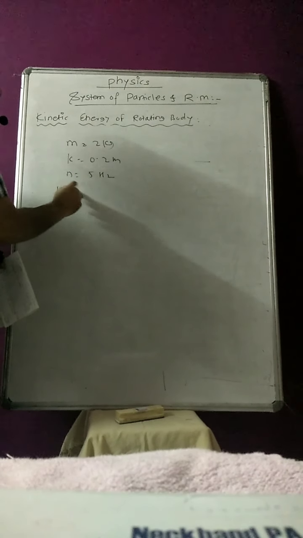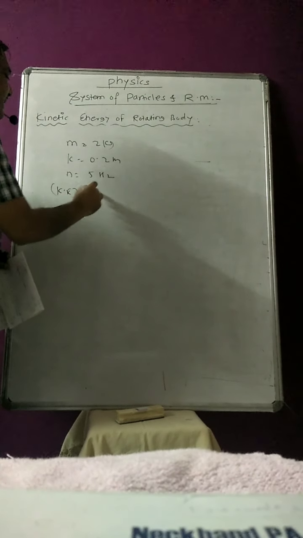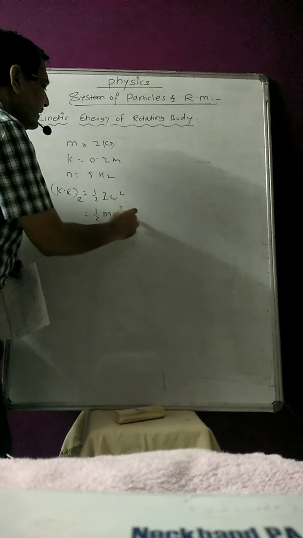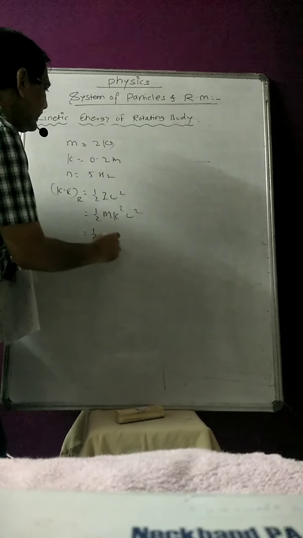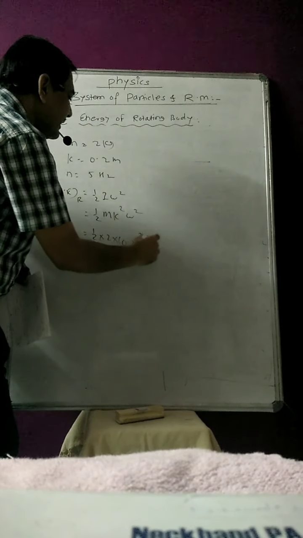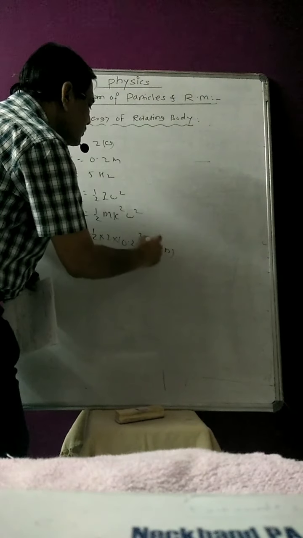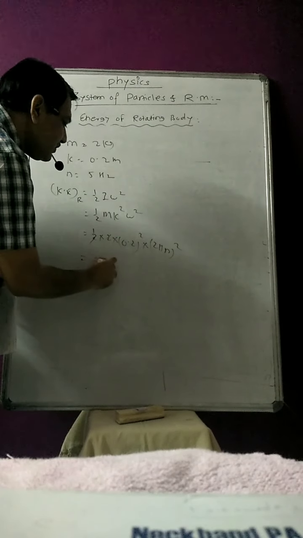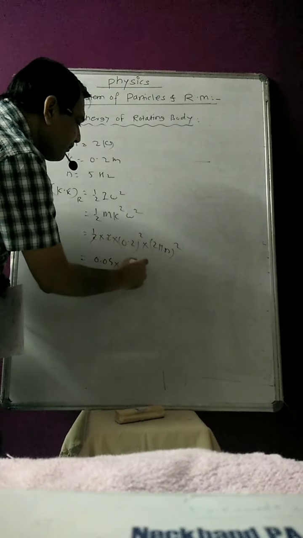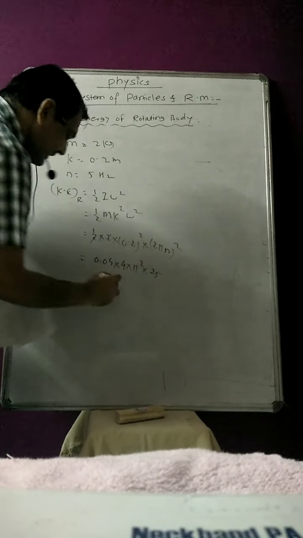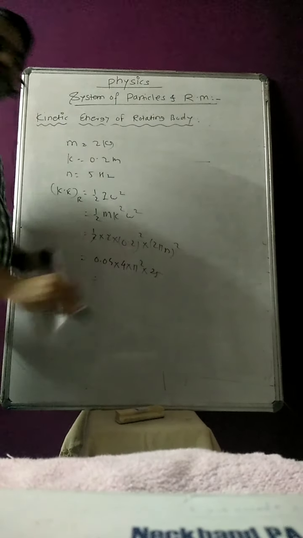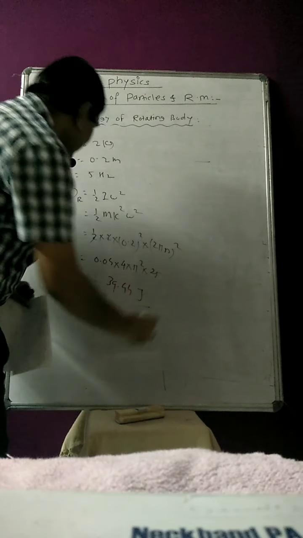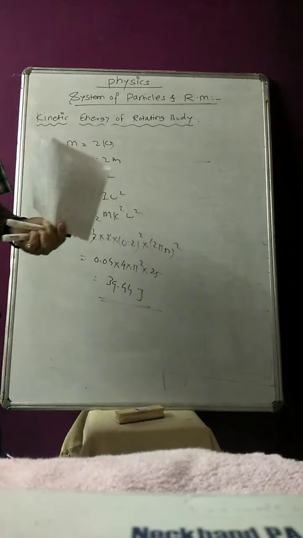Rotational kinetic energy is 1/2 I omega square, that is 1/2 m k square into omega square, so 1/2 into 2 into 0.2 square into (2 pi n) square. 0.2 square is 0.04, into 4 into pi square into 25, and the answer will be 39.44 joule.